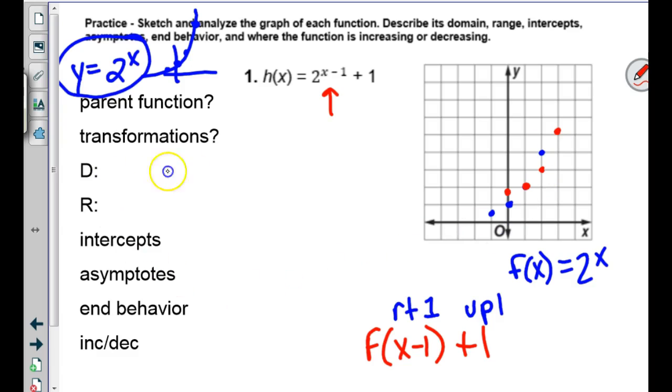So the x-axis isn't the line of the asymptote anymore. What is? If we shift that line up 1, anybody know the equation of this line that's now the asymptote? Anyone? It's a horizontal line through 1.